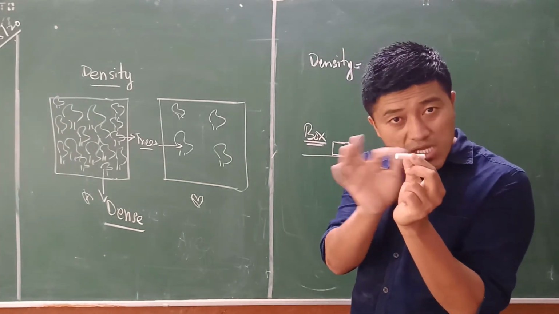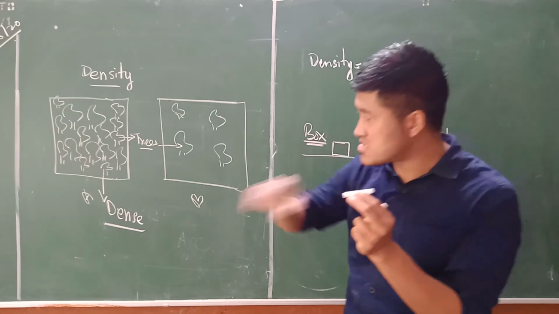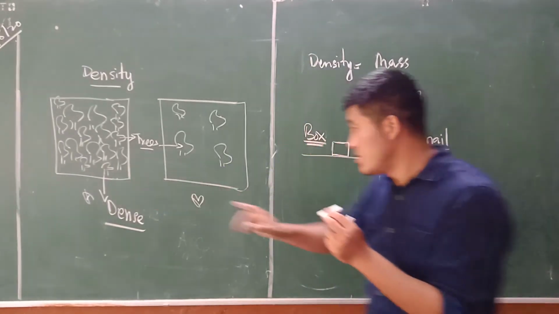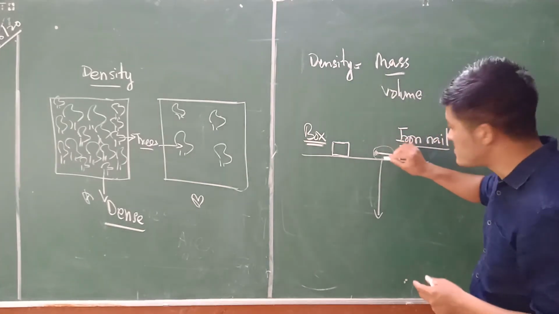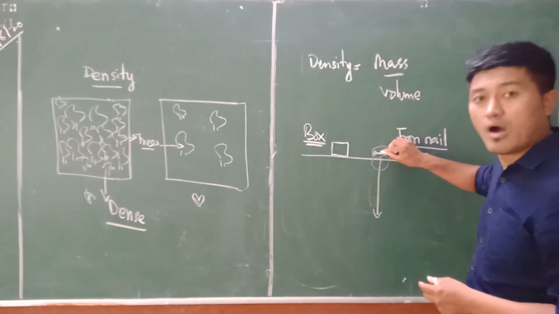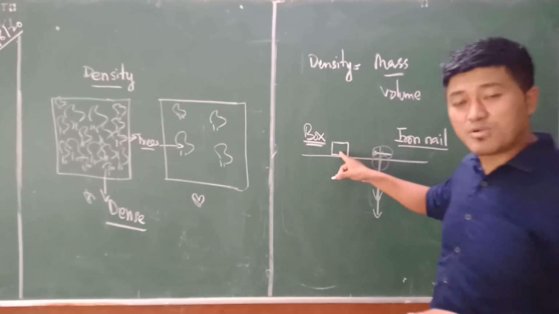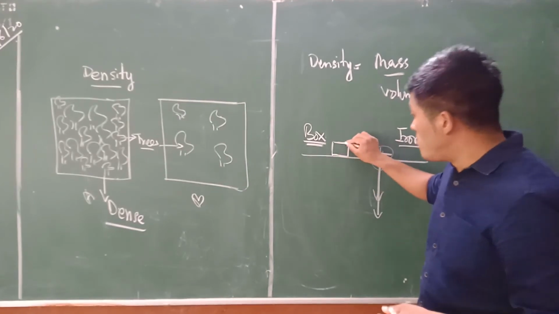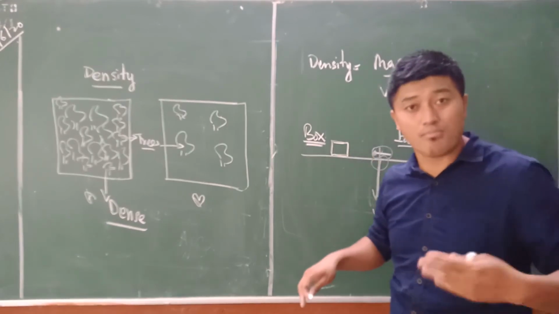Even in this small area, there is a large amount of mass present, just like over here. Understand? Which is why when you compare the density of this nail and the density of water, the density of the nail is much higher, which is why it sinks down. But if you look at this particular box here, it has more area and a much smaller amount of mass.